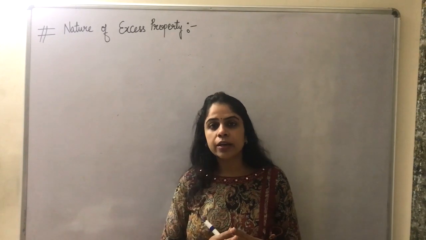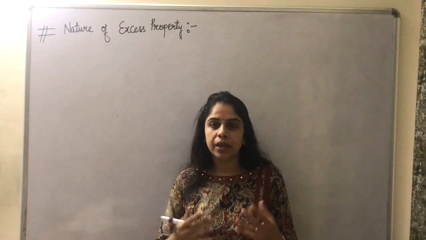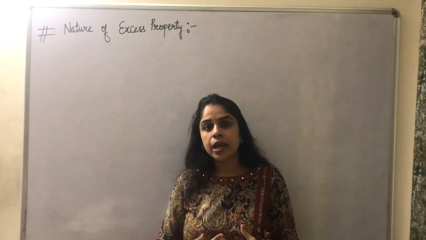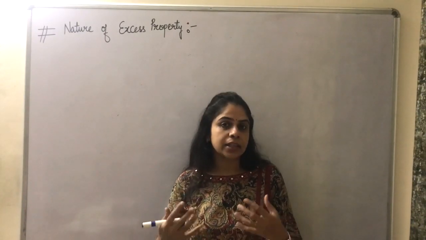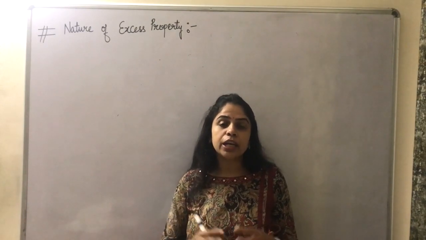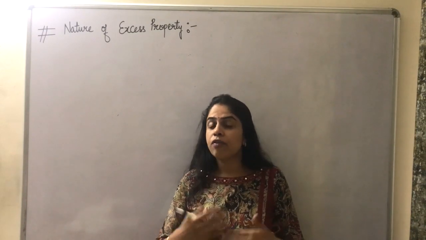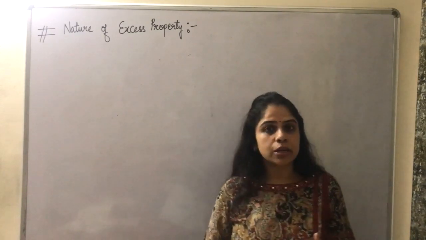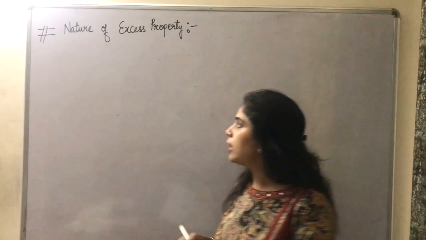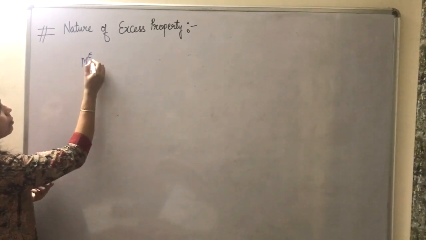the most important thing: how can one obtain excess property if I have an ideal solution and I want to quantify the thermodynamic property of a non-ideal solution, then we need the information of excess property, right? Of course, अगर मेरे पास ideal solution है, we know what an excess property is.